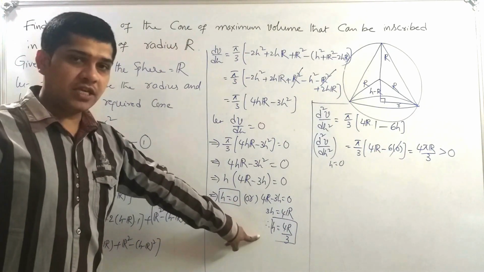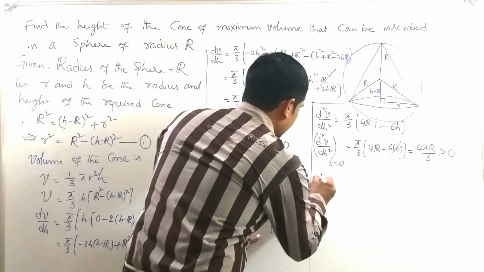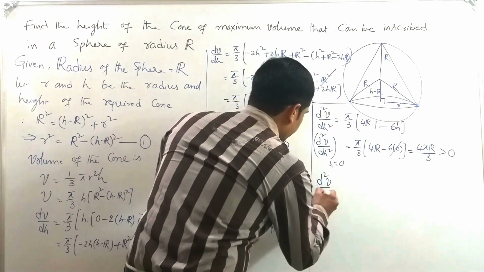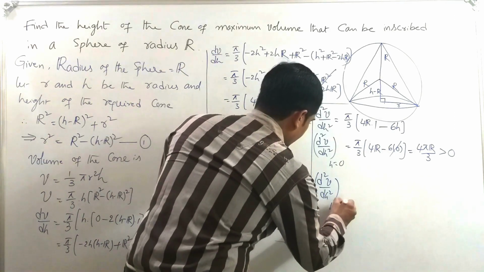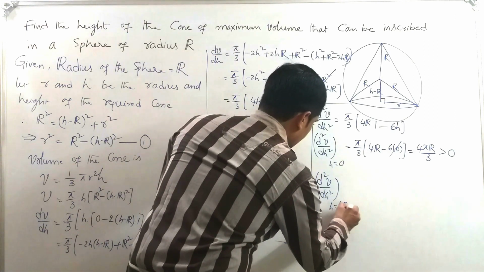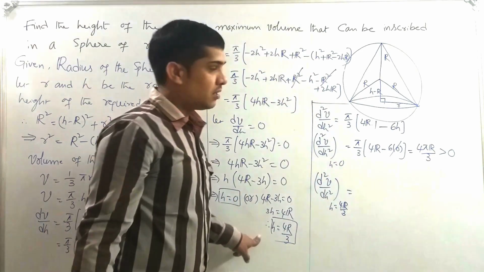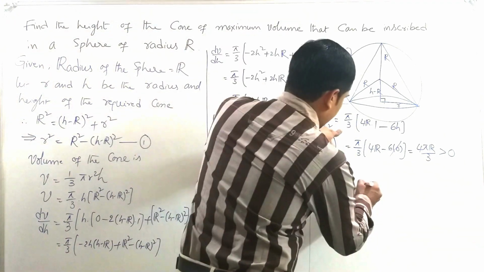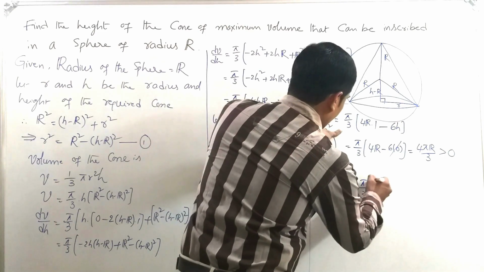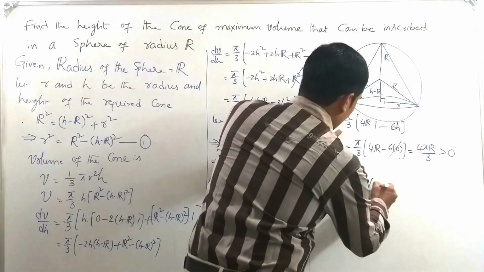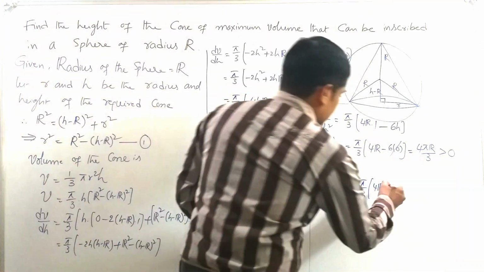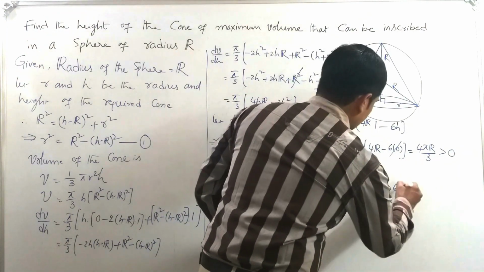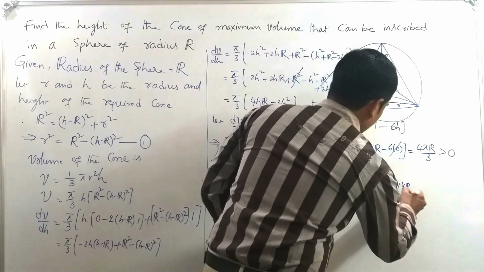So let me take case 2. I am finding d square v by dh square at h is equal to 4 capital R by 3. Then in the same formula, that is pi by 3 into 4R minus 6h. 6h means it is 6 times 4 capital R by 3.